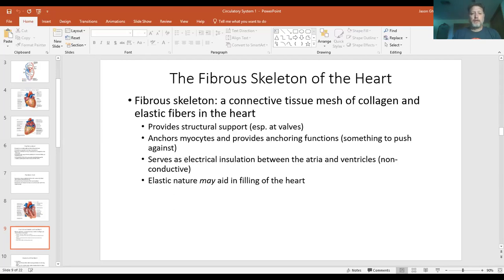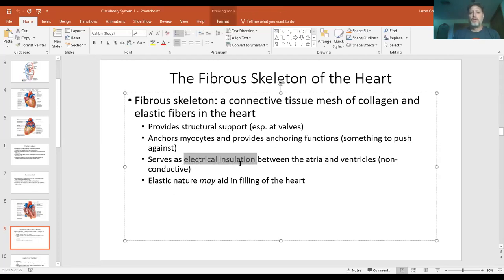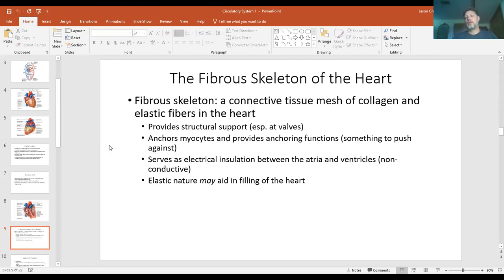A big thing here is that it forms a kind of insulation on the heart. So whenever there are electrical impulses going to the heart, it helps control the impulses to make those muscles contract.